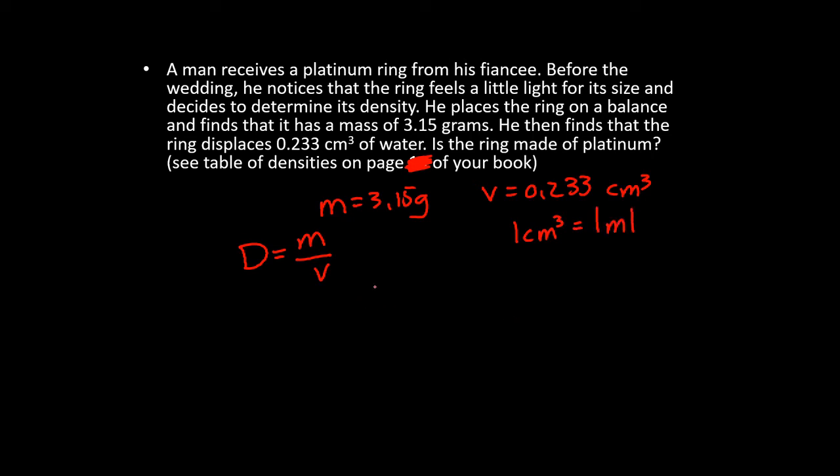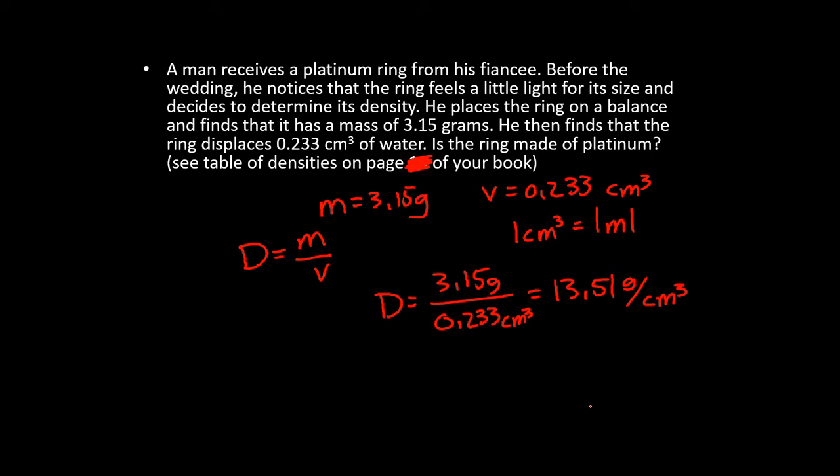And so all we have to do to find the density is just take 3.15 grams and divide it by 0.233 centimeters cubed. And that is 13.51 grams per centimeter cubed.